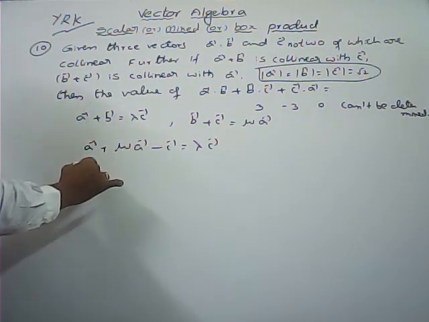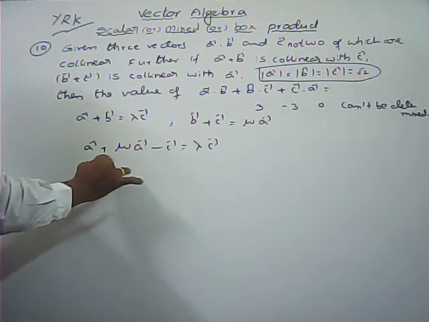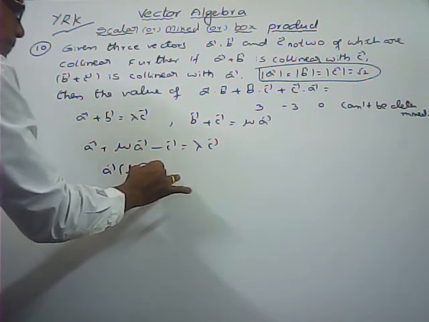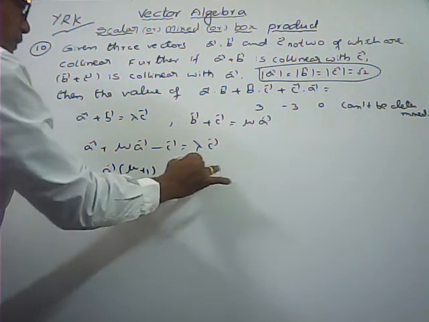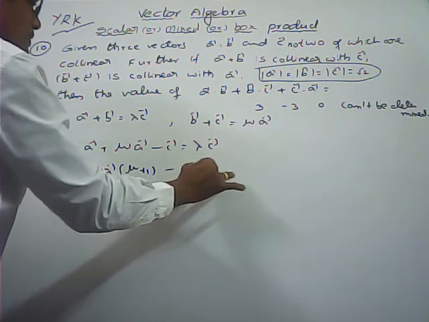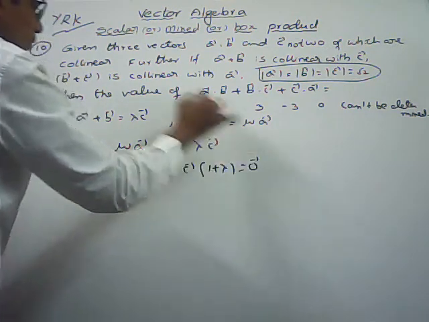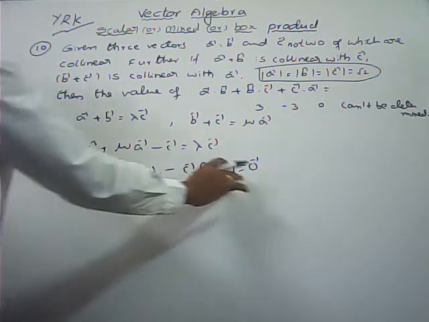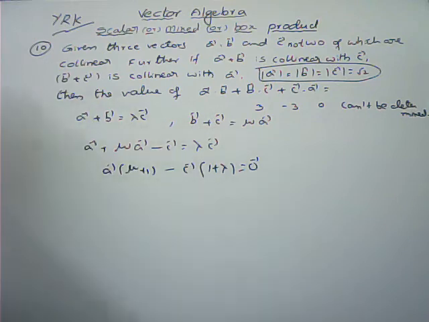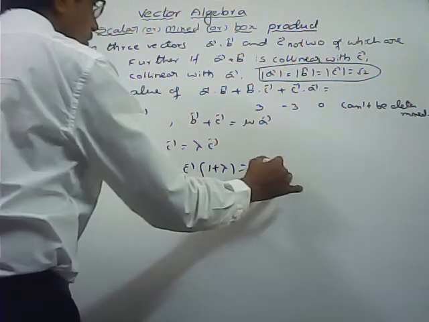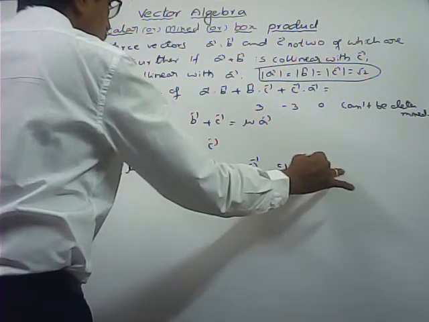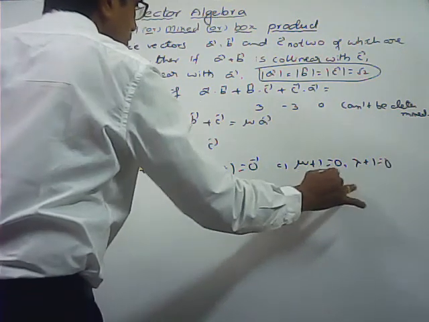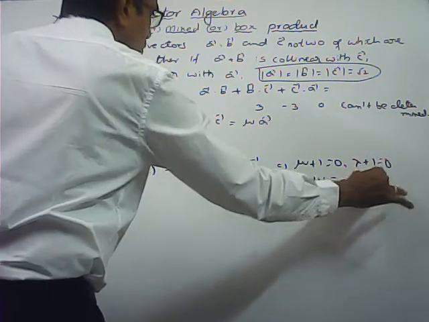So a bar, if I take common, mu plus 1, minus c bar, if I take common, 1 plus lambda, that is equal to 0 vector. Two vectors are equal, 0 vector, here 0 into a bar plus 0 into c bar also we can write. So that is possible only when mu plus 1 is equal to 0 and lambda plus 1 is equal to 0, mu is equal to minus 1 and lambda is equal to minus 1.